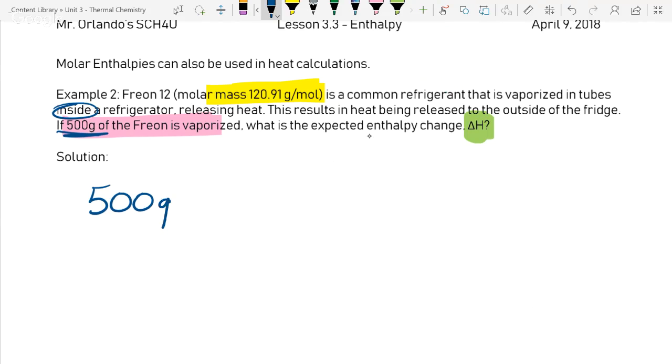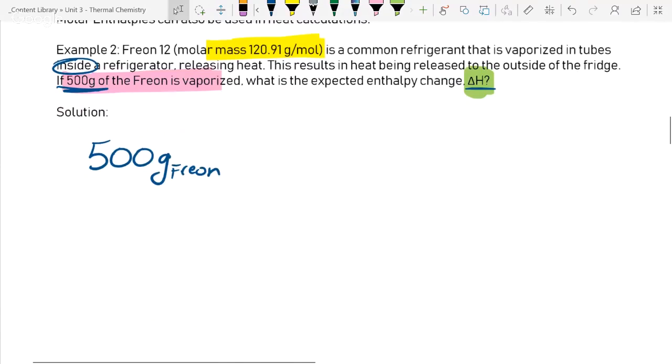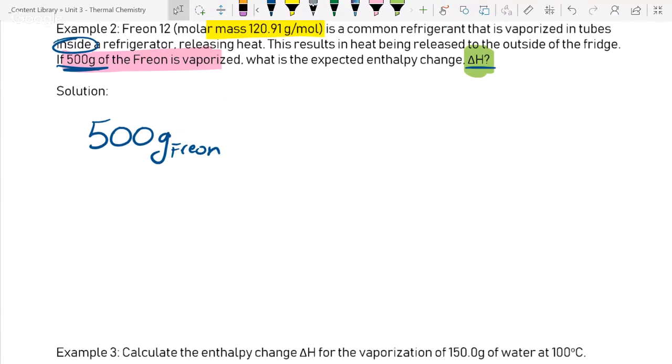We're starting with 500 grams of Freon. And eventually I want to know delta H. Delta H is the change in enthalpy, and it's measured in what? Yeah, joules or kilojoules. In this case, kilojoules. So I'm going to want to know kilojoules of energy at the end. Does that make sense?